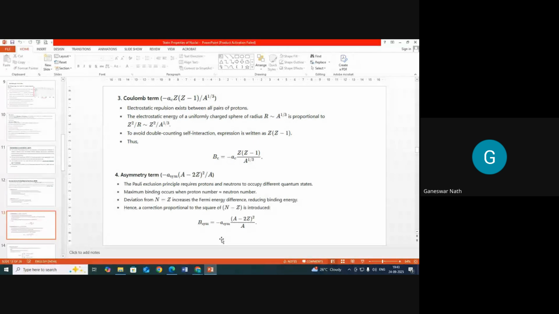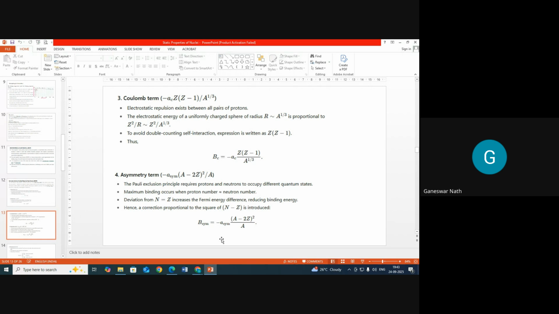Then the asymmetric term is given by A asymmetric into A minus 2Z whole square by A, the mass number. While I discussed the binding energy, we gave importance to the neutron to proton ratio, and accordingly they contain the neutron and the proton number.